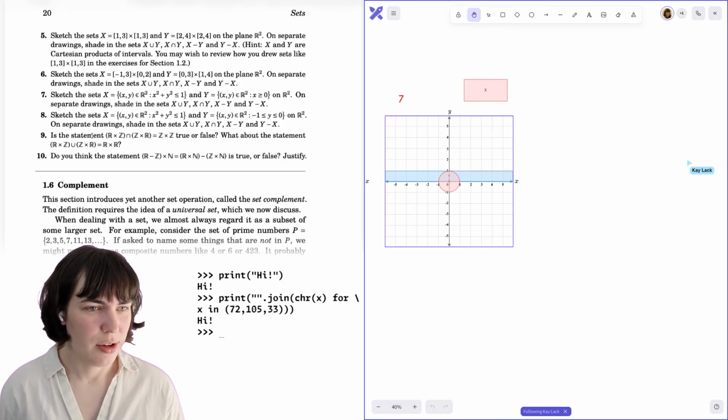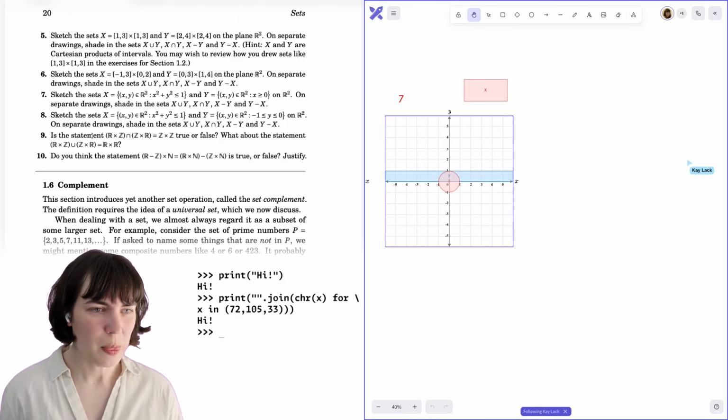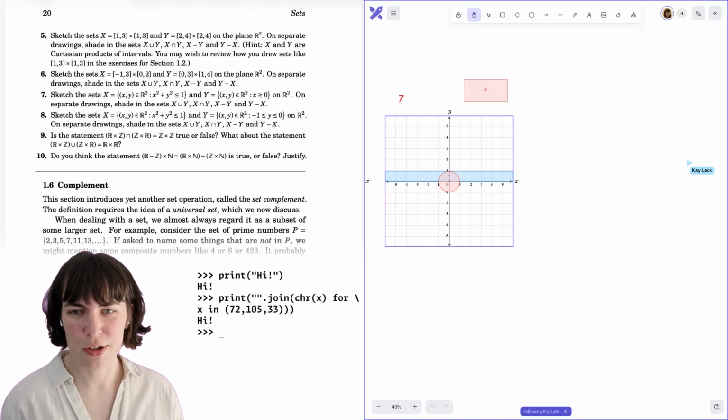And then 9 is the statement. Okay, this looks more interesting.